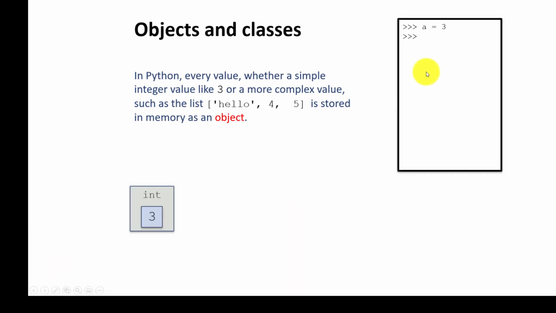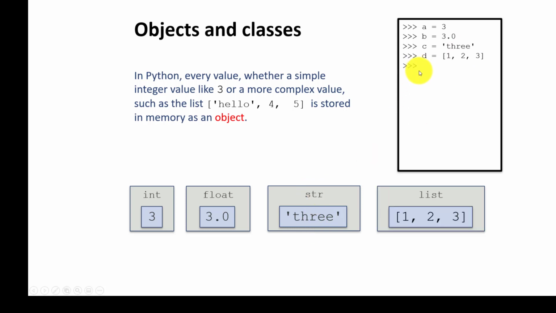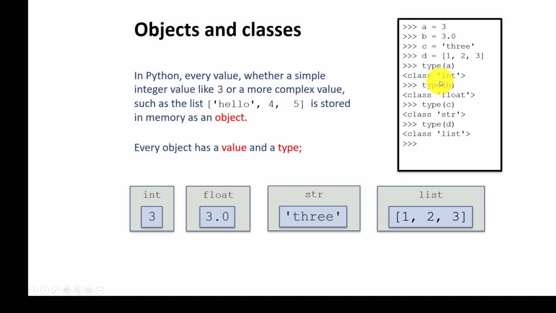So as we can see, A here belongs to the class integer. B belongs to the class float. C is a string. And D is what, guys? D is a list. If I go and verify the type of those objects, A will give me an integer, B will give me a float, C will give me a string, and D will give me a list.